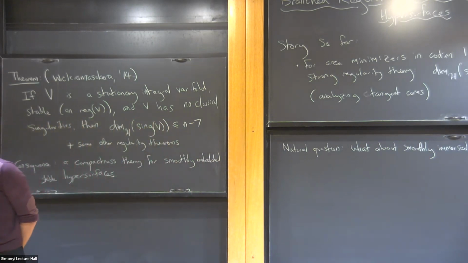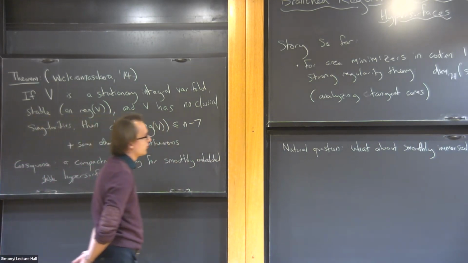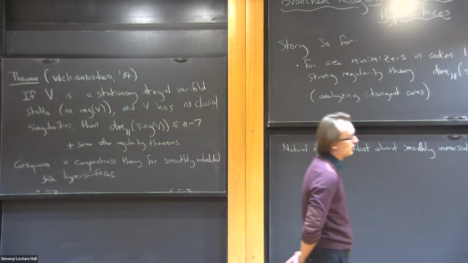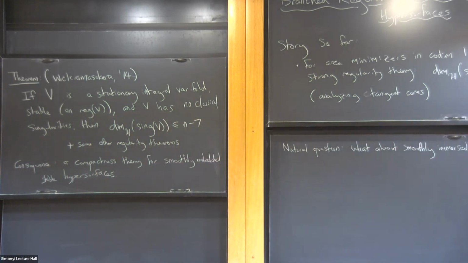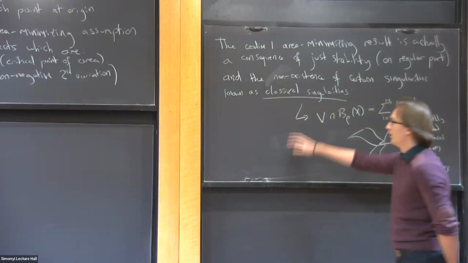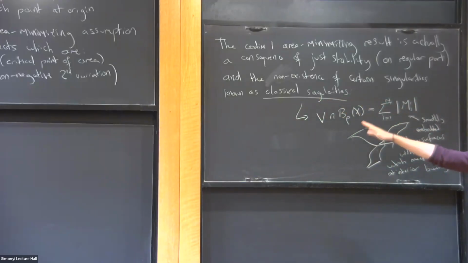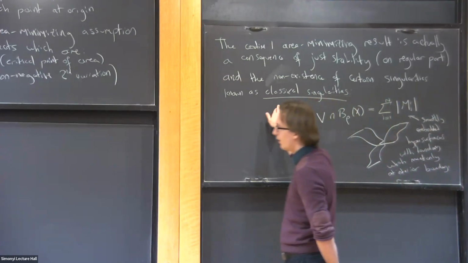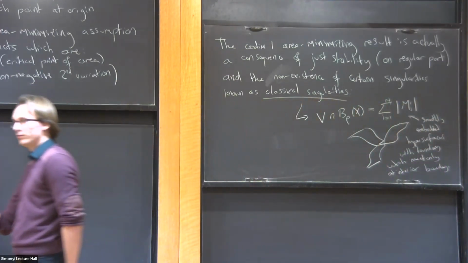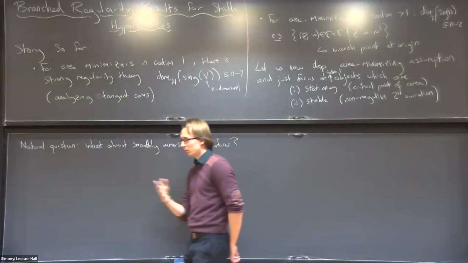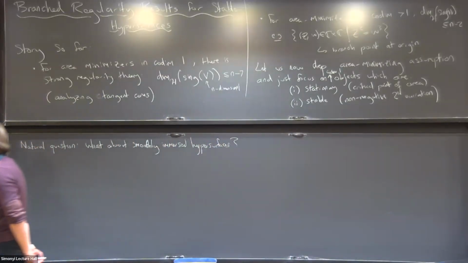And so to deal with this problem, you somehow need to develop a regularity theory where you allow for these classical singularities. If you're immersed, you're going to have crossings, and when you cross, maybe some bad things can happen.